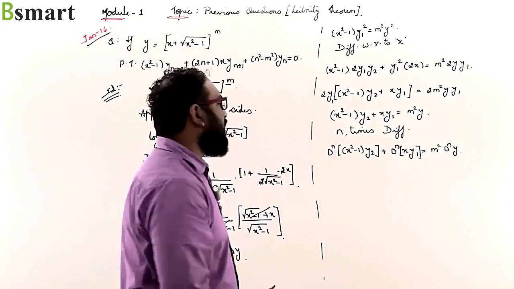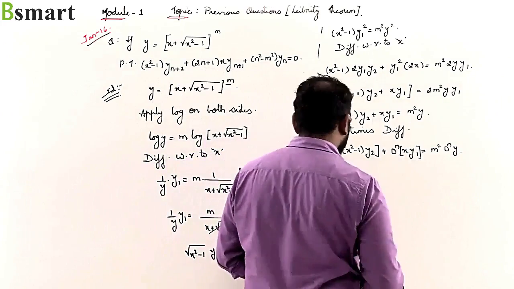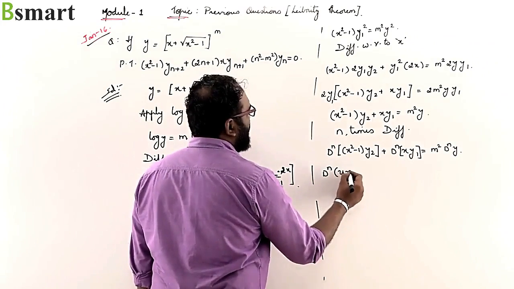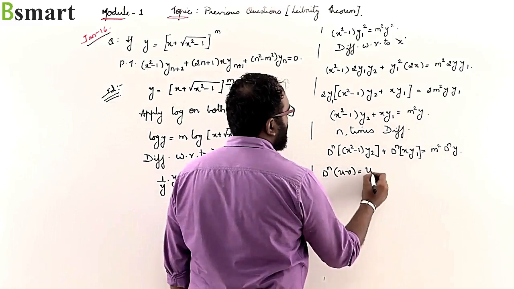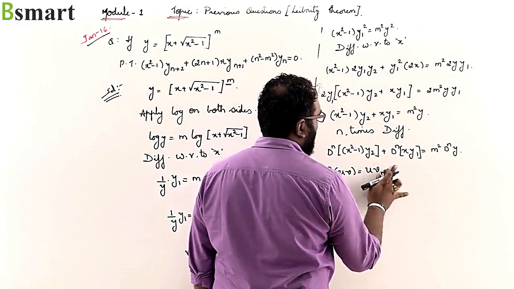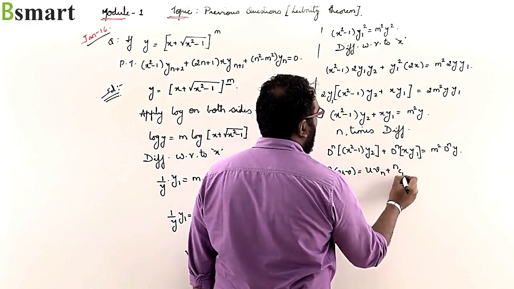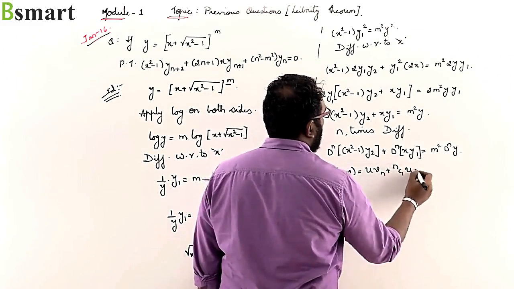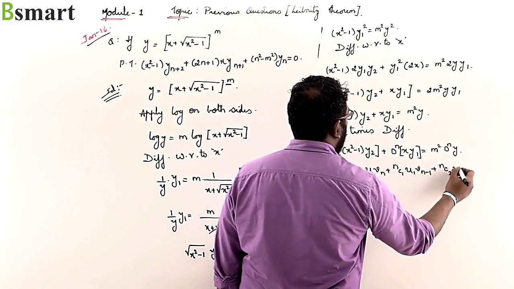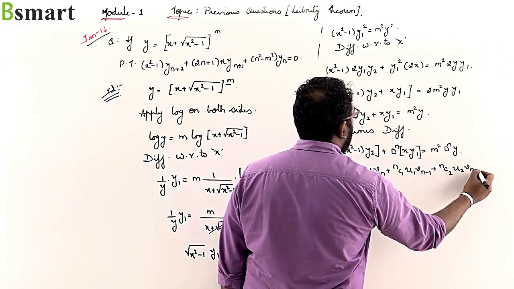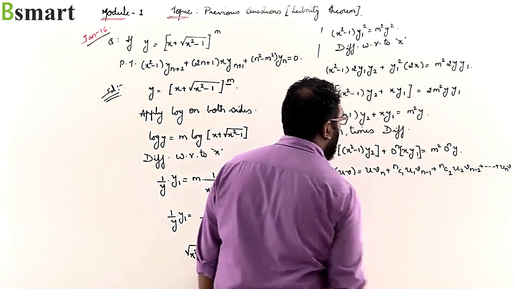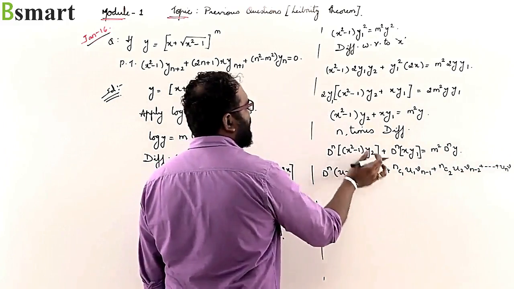The nth derivative of uv is given by u vn plus nc1 into u1 vn minus 1 plus nc2 into u2 into vn minus 2 plus so on plus un into v. So then, let us say this is u and v.